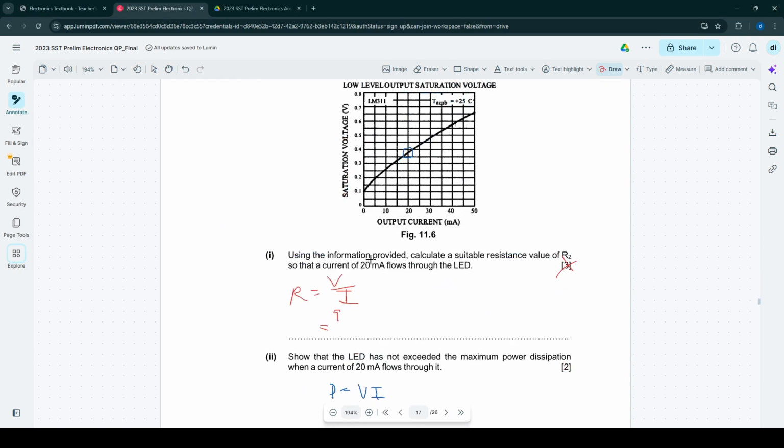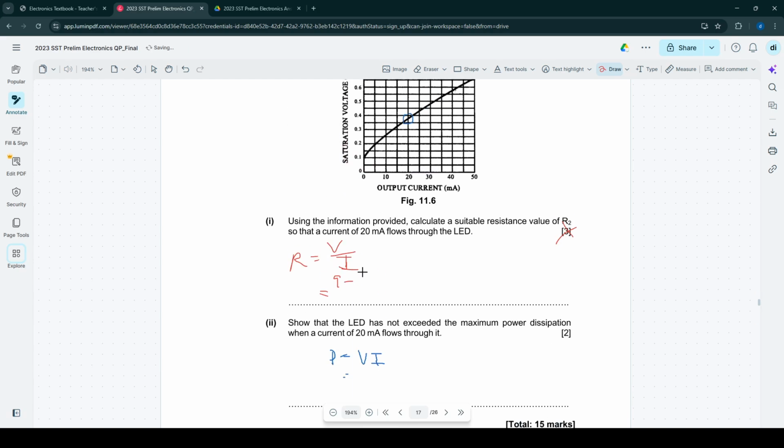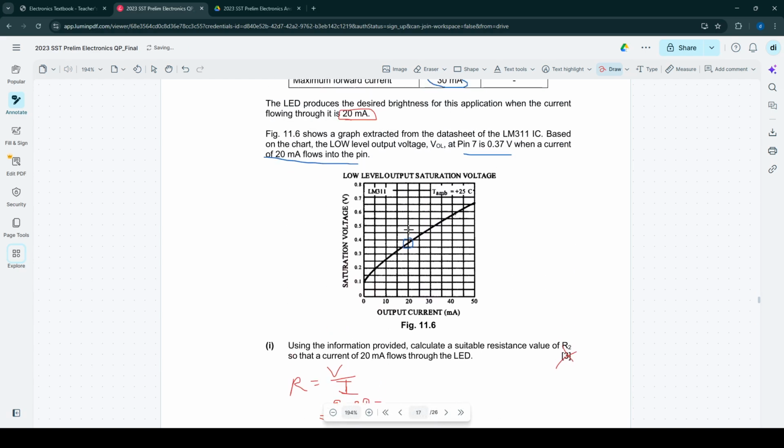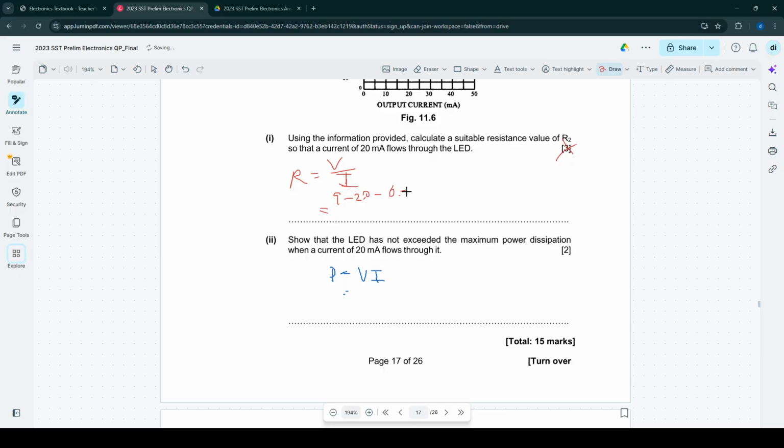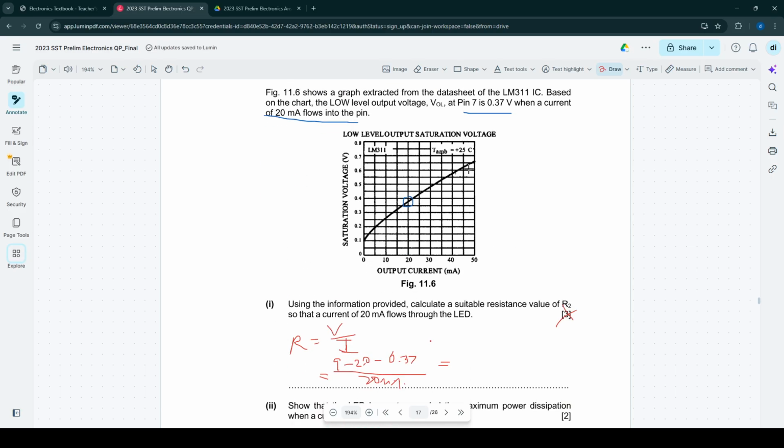So 9 minus the forward voltage of the LED, which is 2 volts, and then minus 0.37. Then we need the current, and we know that the current is 20 milliamps, because we want the current to be 20 milliamps, so we're just going to set it like that. If I plug this into a calculator, divided by 20 milliamps.